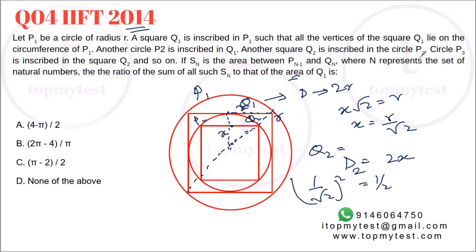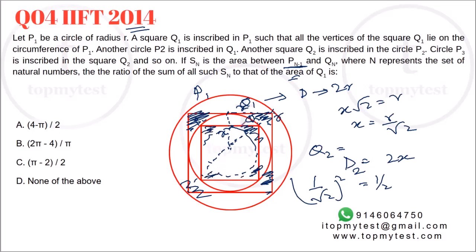Now, let's see what the question says. Sn is the area between Pn minus 1 and Qn. P is a circle, and Q is the square, so the circle is inside the square. The first, S1, will be this area. The second, S2, will be the area after drawing another circle.